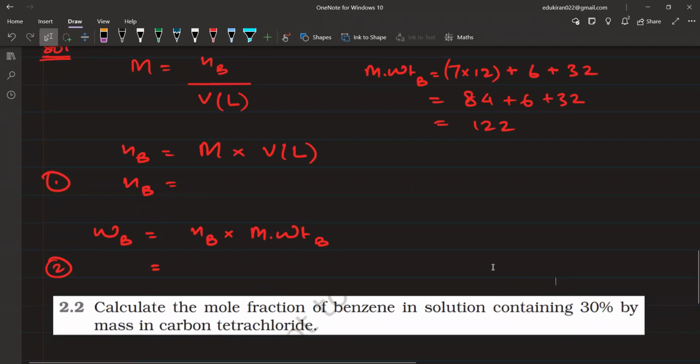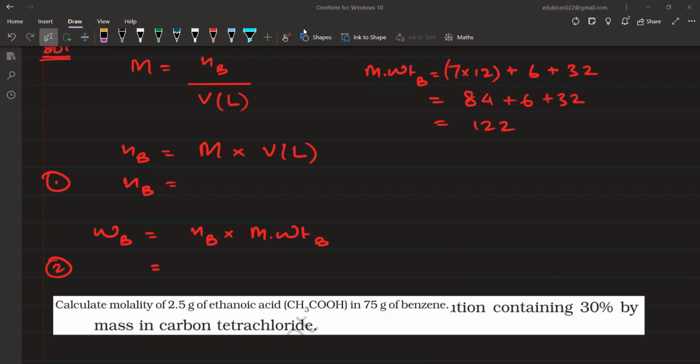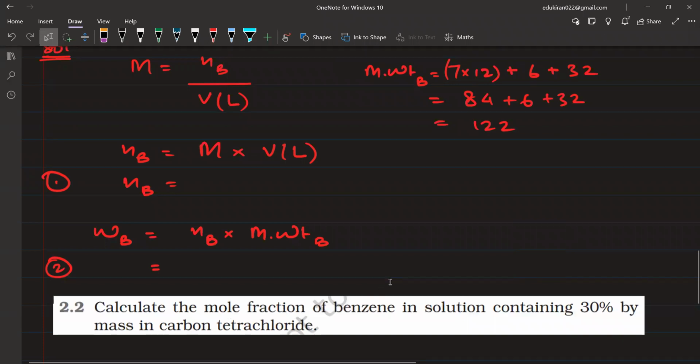This is the next question that you are going to write. मोहम्मद तारी, number of moles मिल गया आपको?